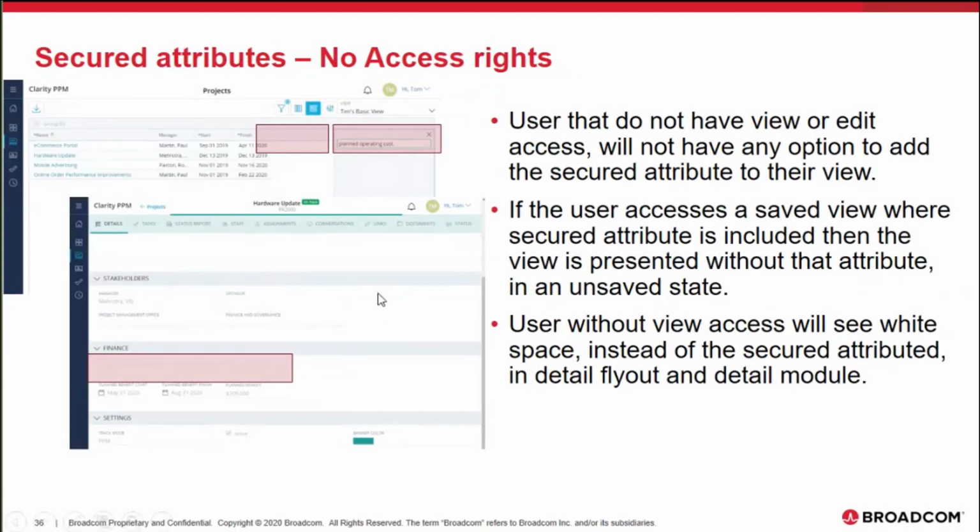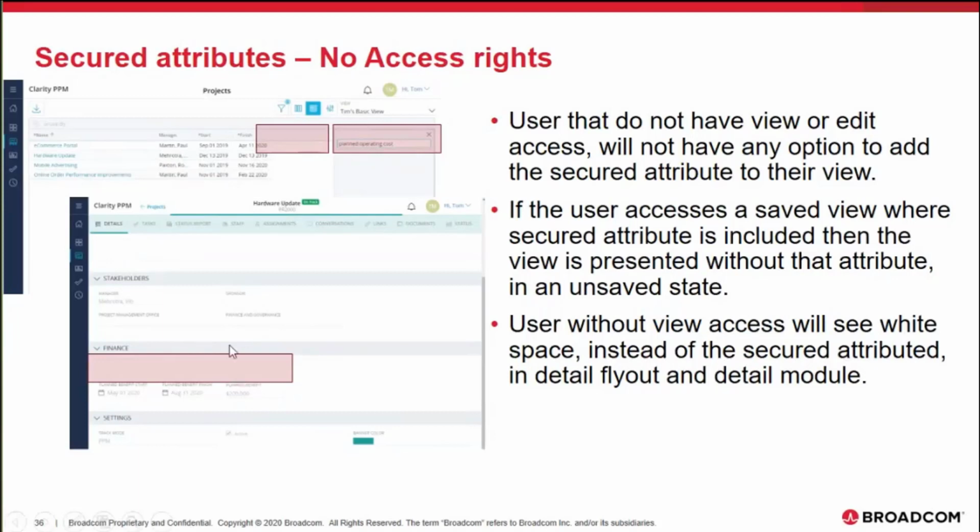Which means if I have the financial attributes secured in my project object, when I go into the project list view and I try to add any of the secured attributes, I will not see them in the available columns. If they were in any view that I'm trying to access, they are automatically removed from those views, and the view status is set to unsaved.